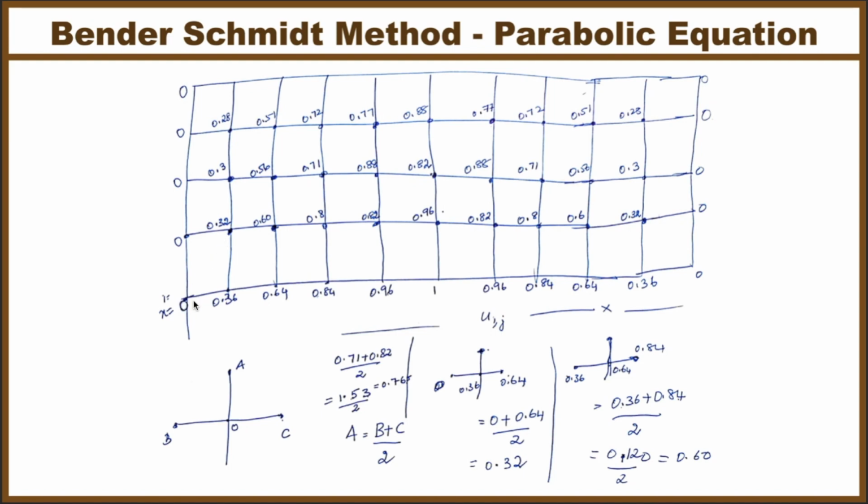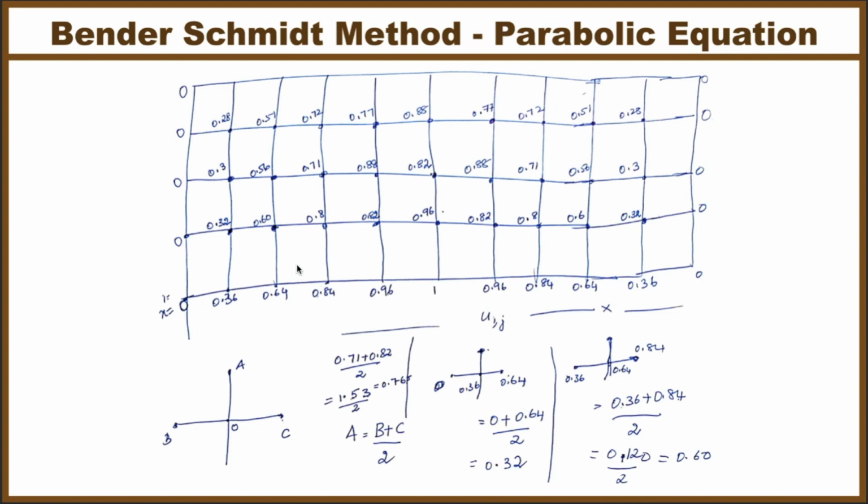B is 0. What is over here? It is 0.64. So it is 0 plus 0.64 divided by 2. 0.64 divided by 2 is 0.32. Clear?